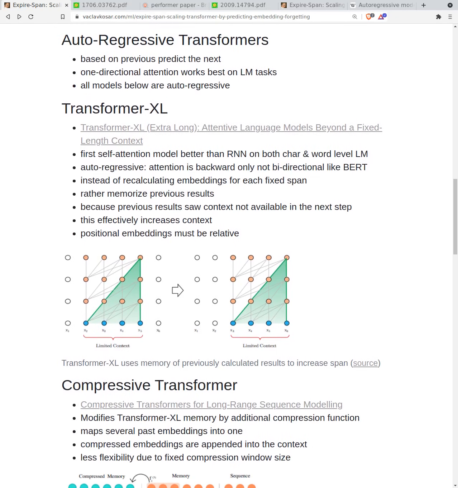So let's go into the autoregressive transformers. Autoregression basically means that from the previous we predict the next, and for this we use one-directional attention, which means that we only match queries from the future to the keys in the past.